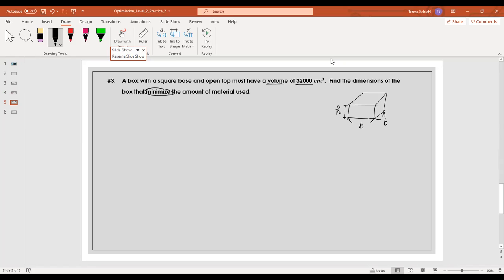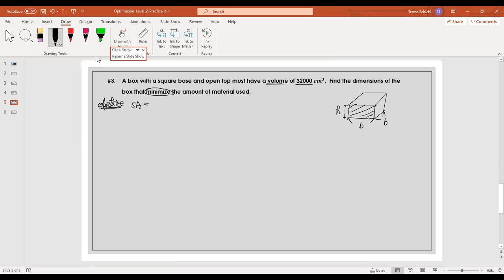Now what do we want to do here? We want to find the material used, right? Be careful, this is our objective function, because I want to find the minimum material used. So it's really the surface area. How many surfaces here? We have 4 sides, each one is a rectangle.